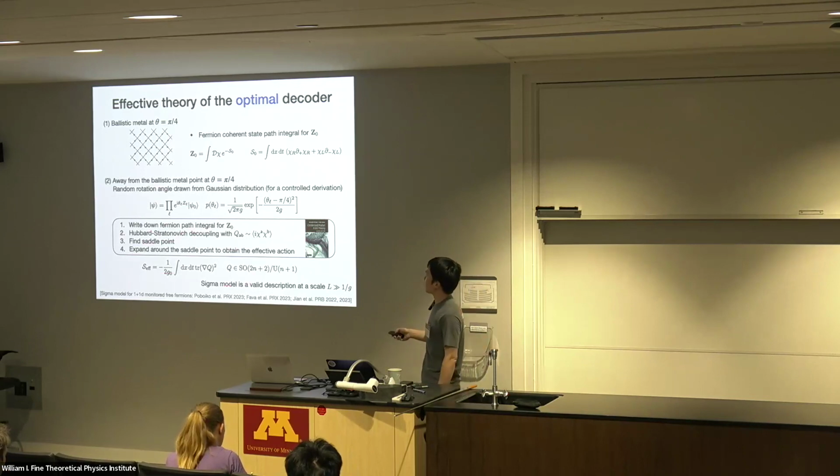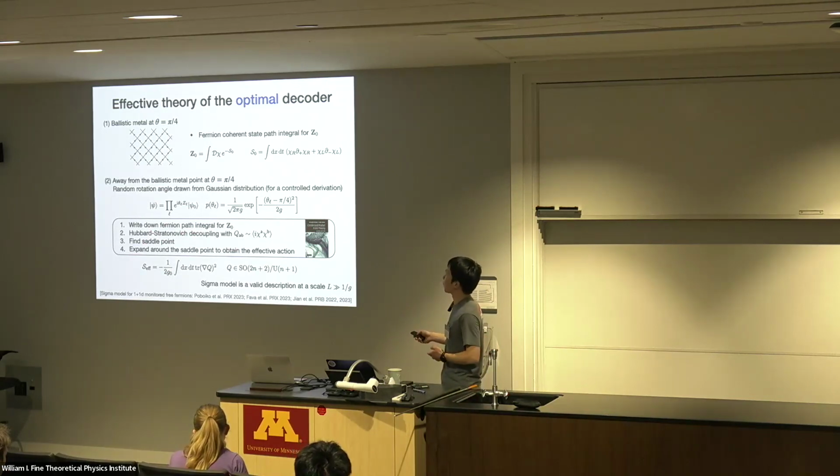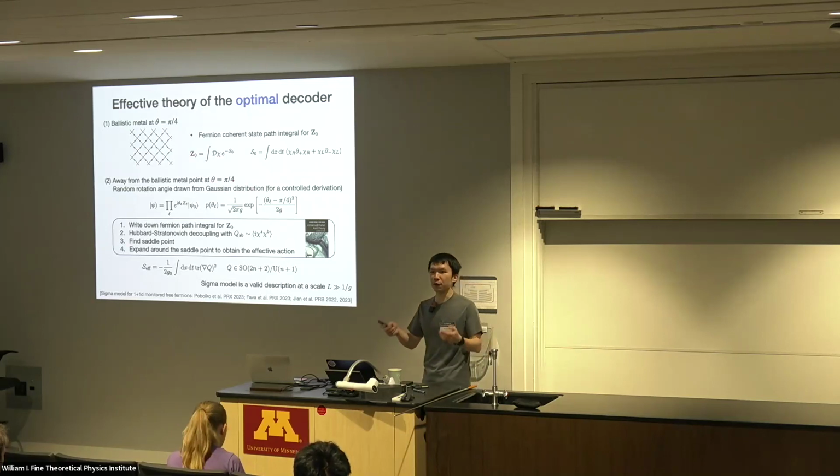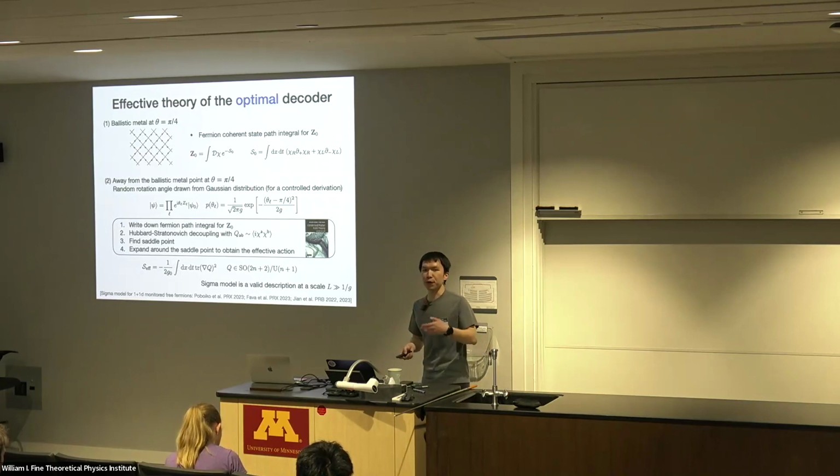This eventually leads to a sigma model description of the decoding problem when you are close to the rotation angle pi over 4, and we are going to analyze its behavior according to our field theory knowledge.